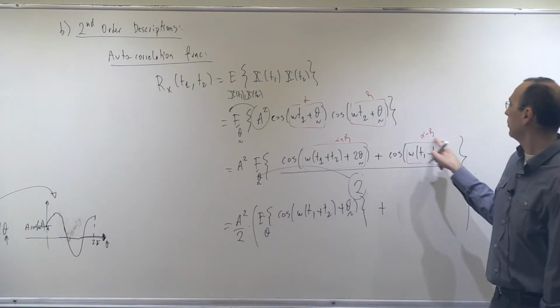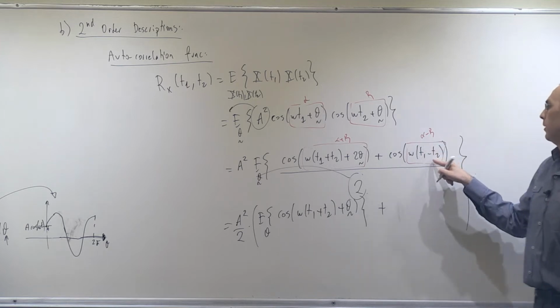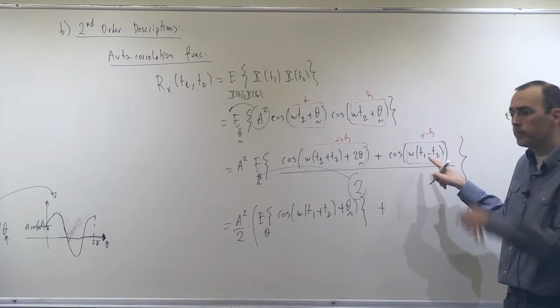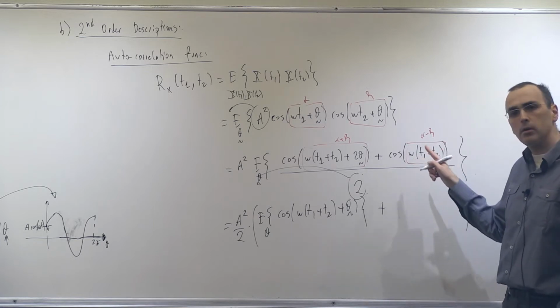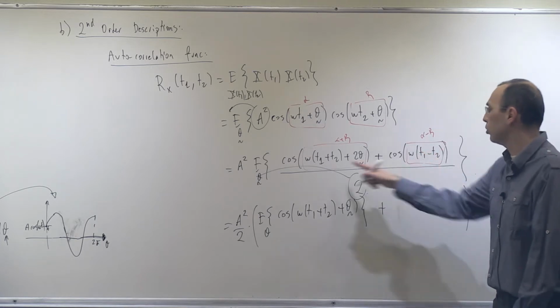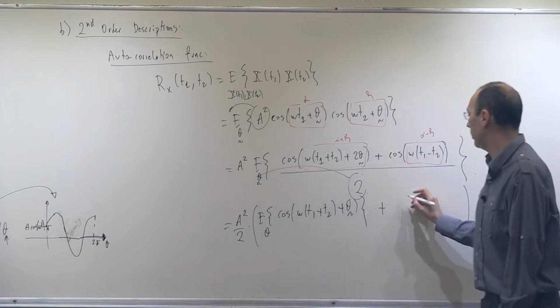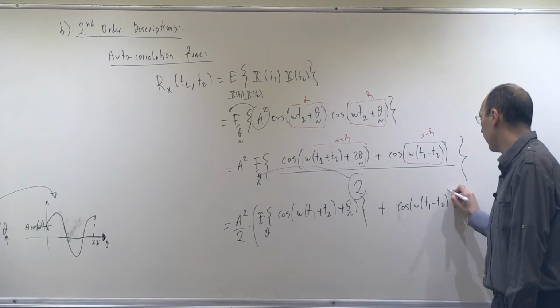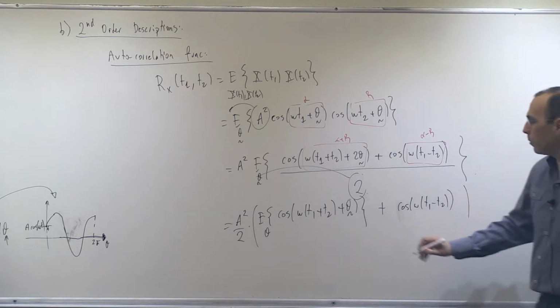So what is the expected value of cosine alpha minus beta? It's the same because there is nothing random. T1, T2, frequency, they're all fixed instants, isn't it? There is nothing random in it. You don't see anything with a tilde, no random variables. So it is cosine omega (T1 minus T2). Okay, so how about this?